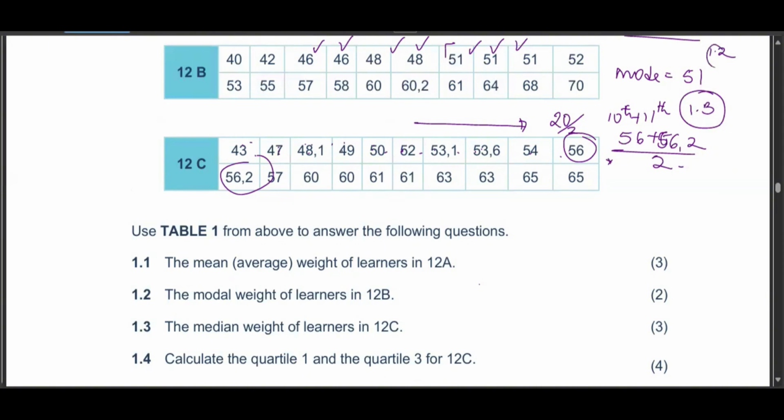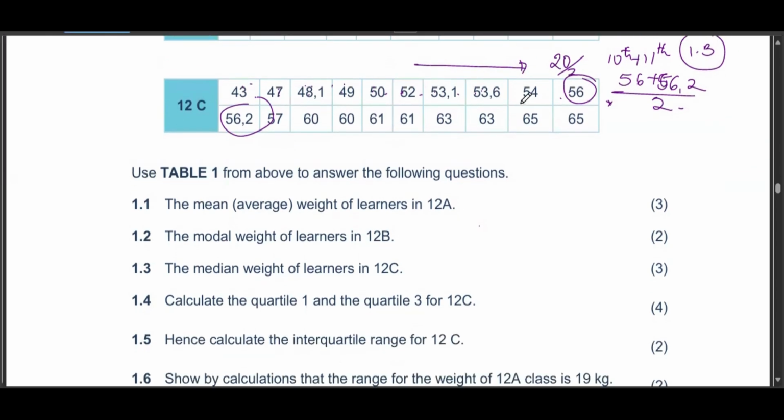Okay. They're asking, calculate quartile 1 and quartile 3 for 12C. Quartile. Remember, we are looking at median. Now, so simple. Because we've just got this one becomes your Q2, which is 56,1.